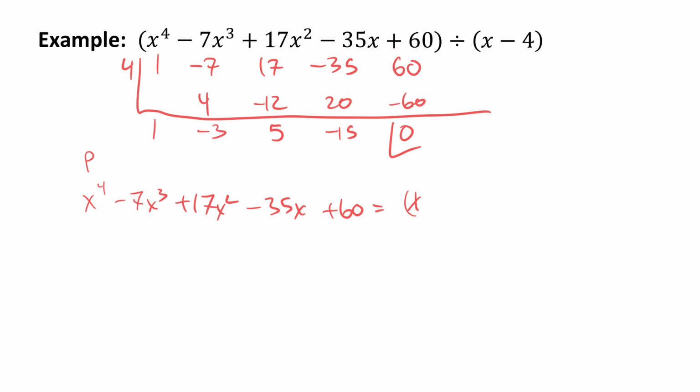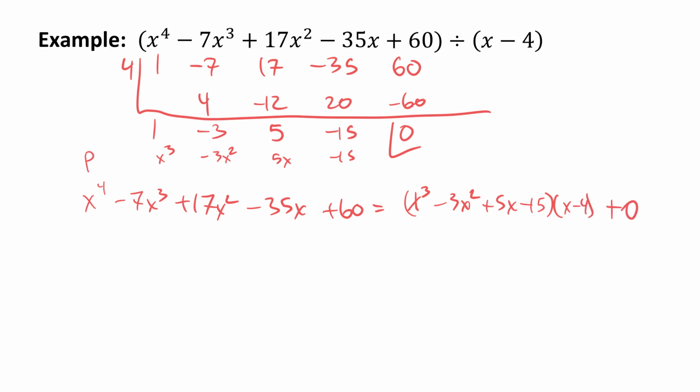This would be x cubed minus 3x squared plus 5x minus 15, times x minus 4 plus 0.